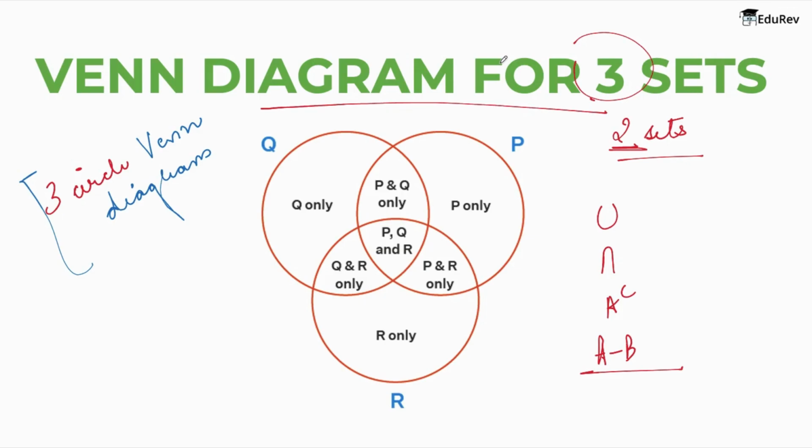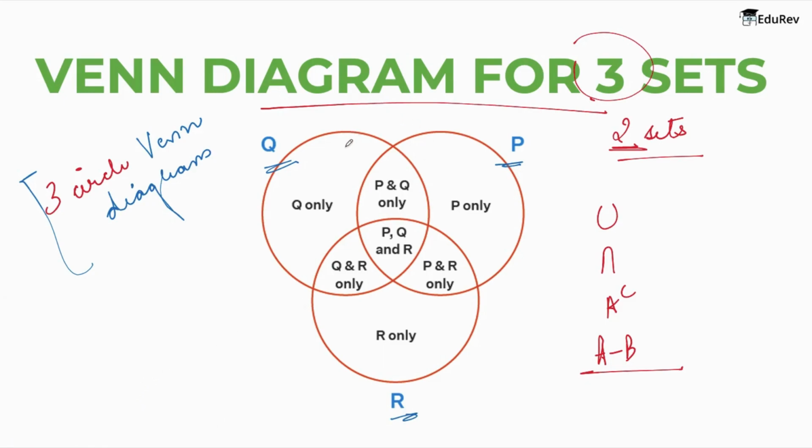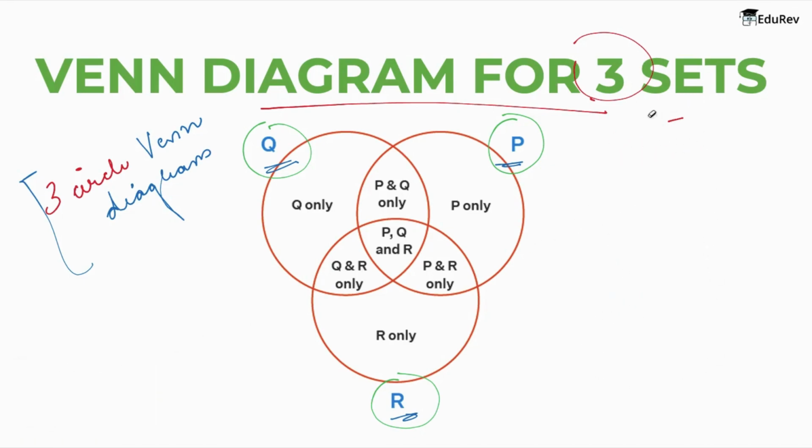So let's take the example which is displayed on your screen now. In the Venn diagram that is displayed on your screen, you can see that we have three sets here, set P, set Q and set R, right? I'll just change the color of the pen. So we have P, we have Q and we have R. Now there are going to be regions which are only associated with P, or regions which are only associated with Q, or only associated with your R. So let me write everything down, whatever I'm saying, so that we do not have any confusion in understanding the topic.